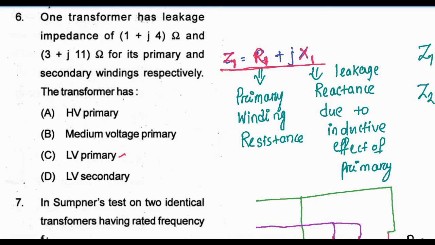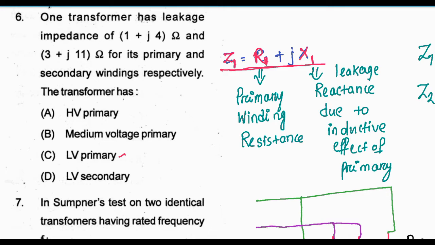If the resistance of a primary or secondary coil is high, that means the length of that wire is high. Here the secondary resistance is high, which means the secondary coil wire is long, so it has more number of turns.